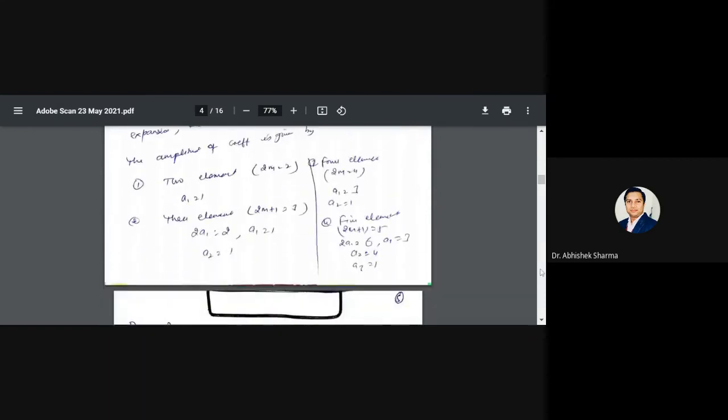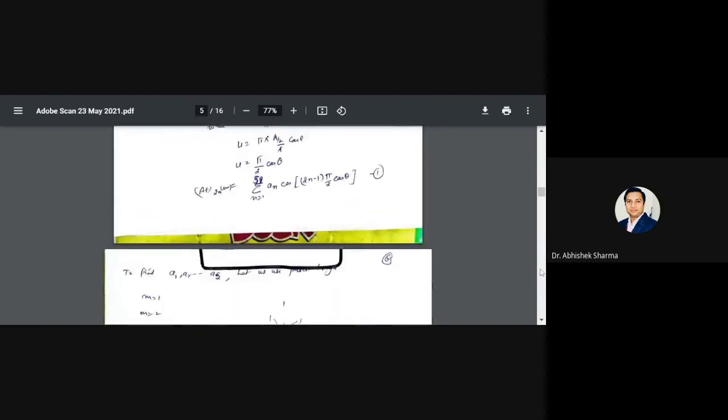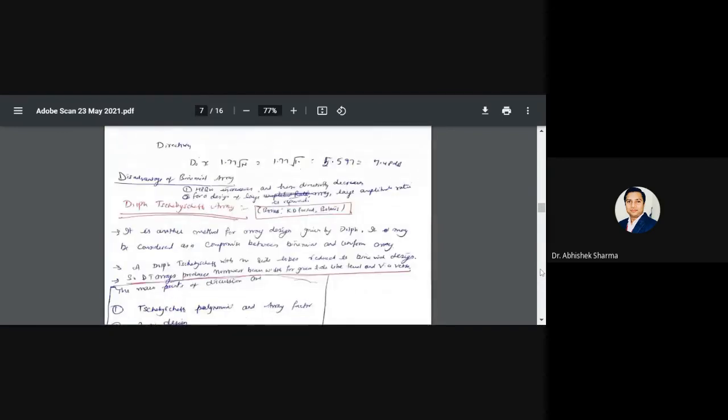So you can pause this video at each and every step and go through the whole process of designing the binomial array. Now let me come to another technique to find out these excitation coefficients, that is Dolf-Chebyshev array.